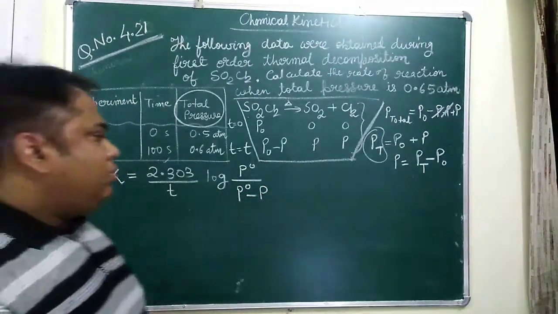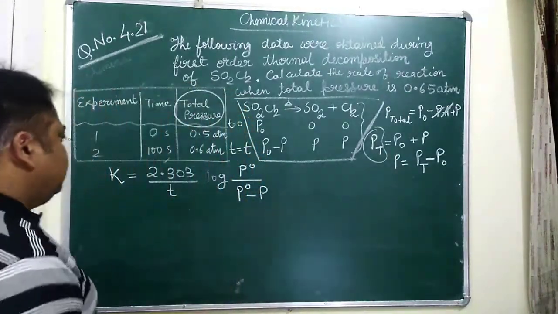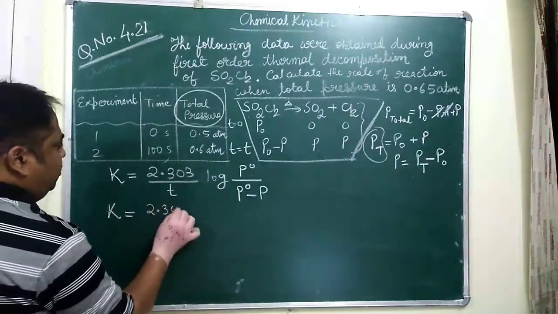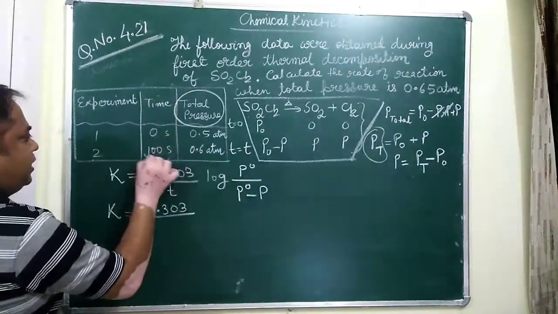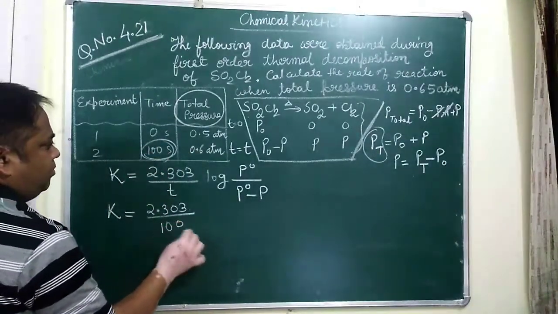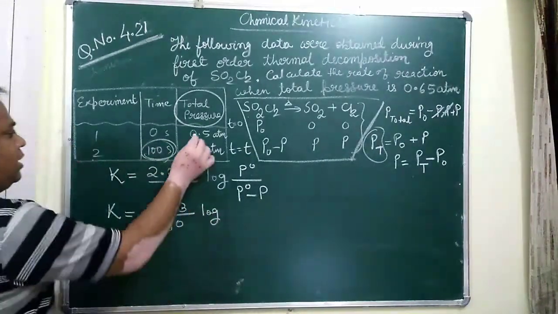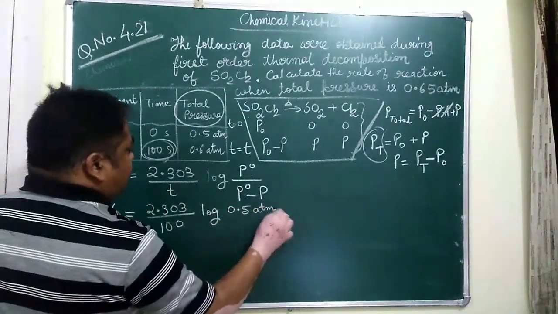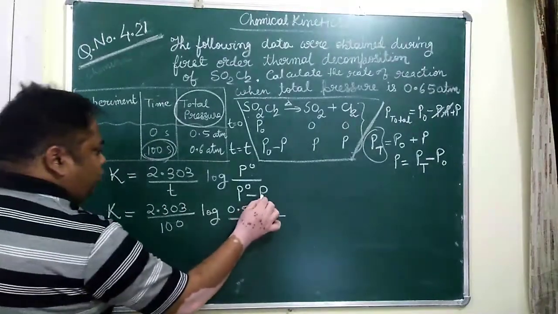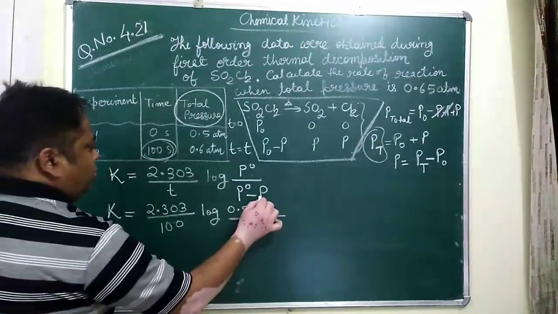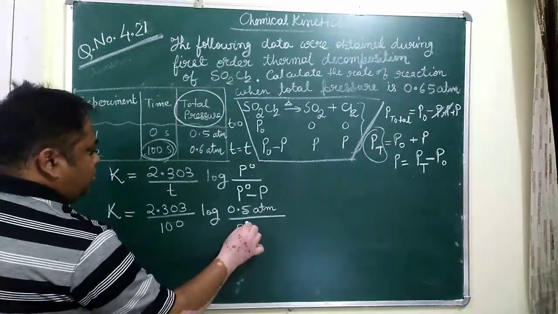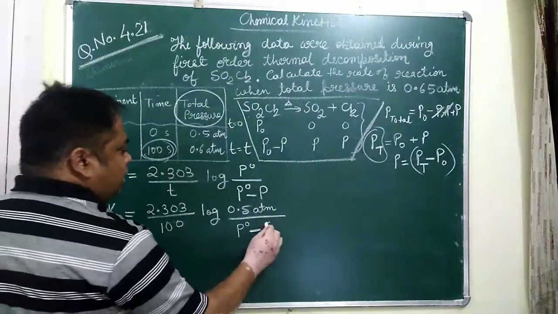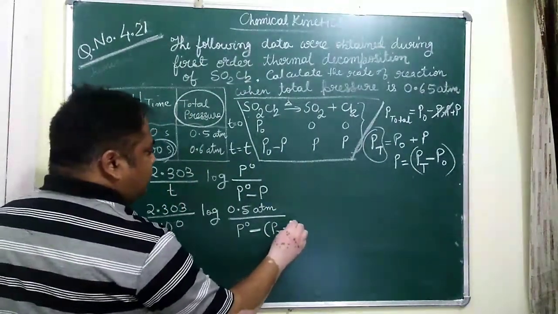Now we can put the value of P from here. We can find K, which is 2.303 by 100 seconds, log of the initial concentration, which was 0.5 atm, divided by P0 minus this P, which we do not know. So we write P0 minus P total minus P0.